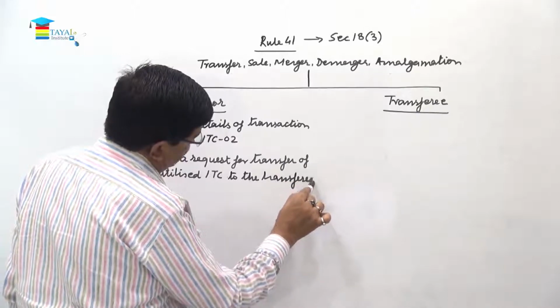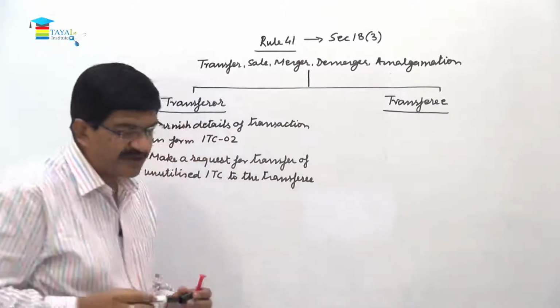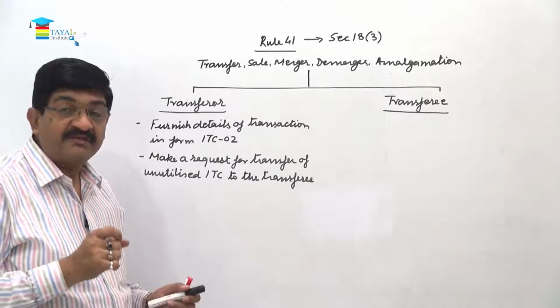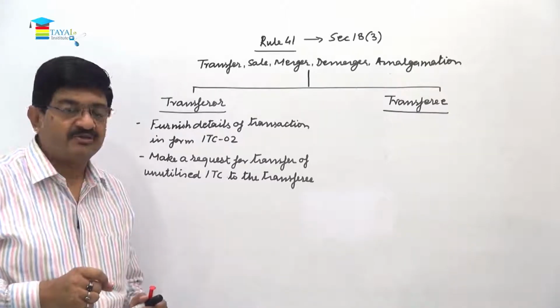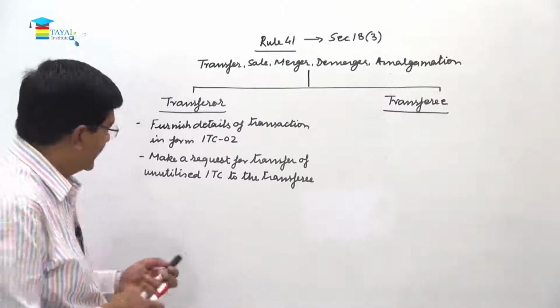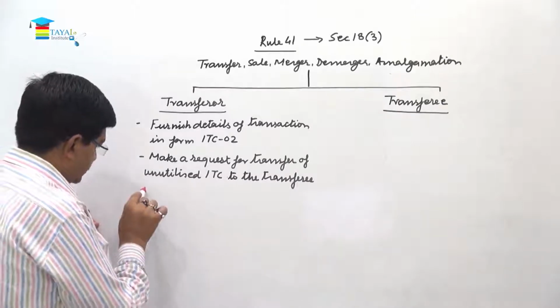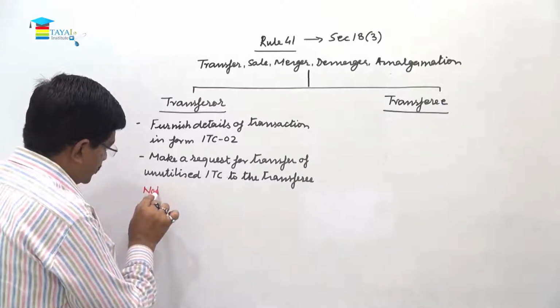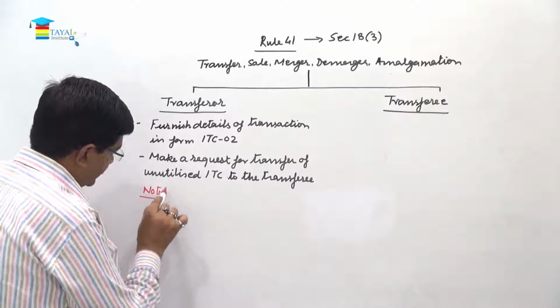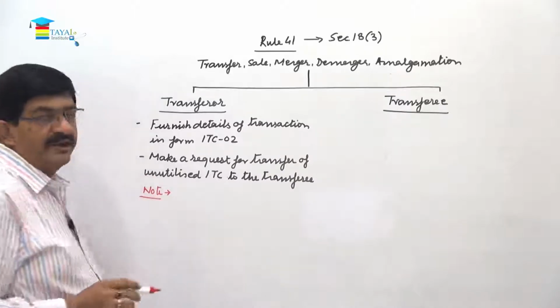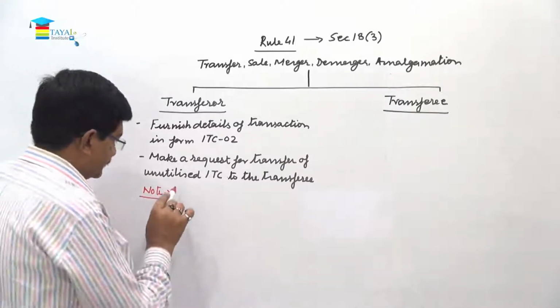So the process has to be initiated by the transferor, that transfer unutilized credit to the transferee. Here we have a note that it is not the entire amount, and this note is relevant only in case of demerger.